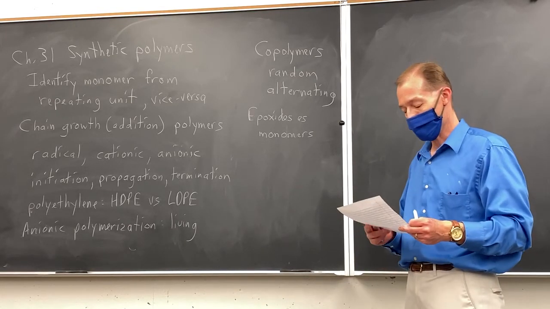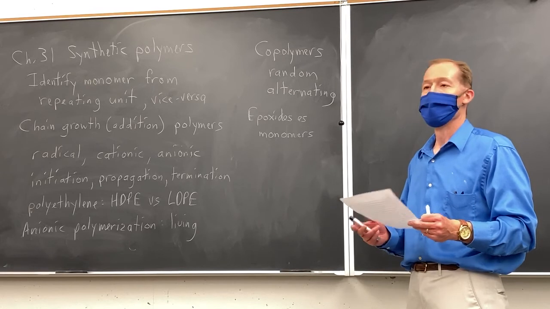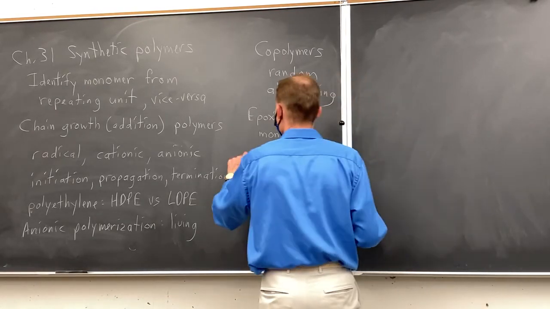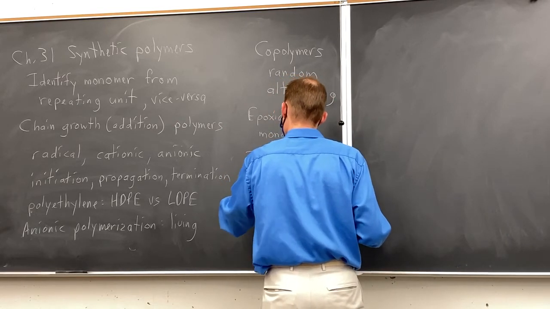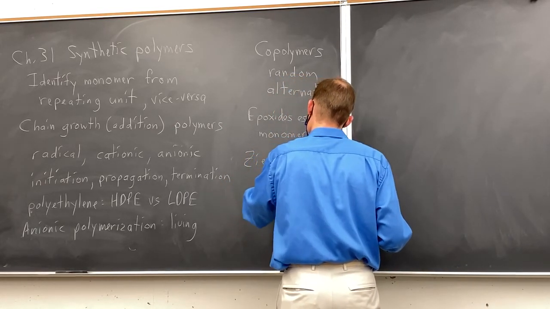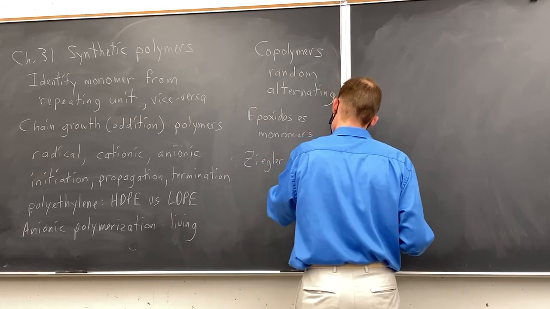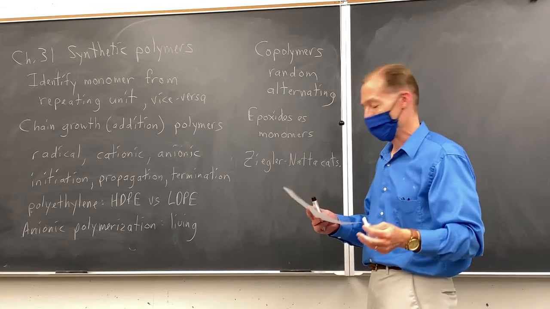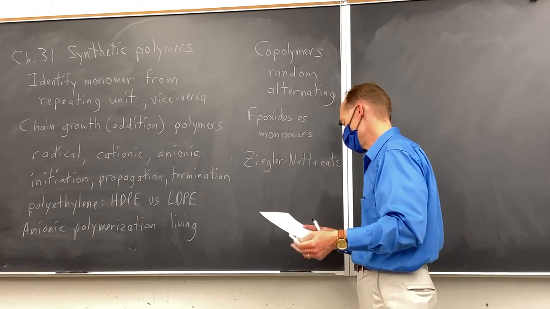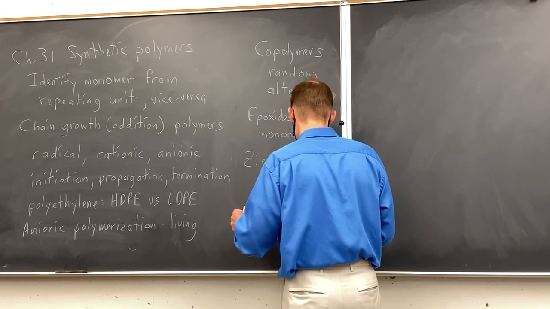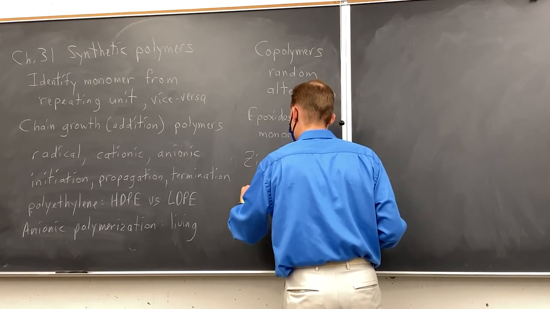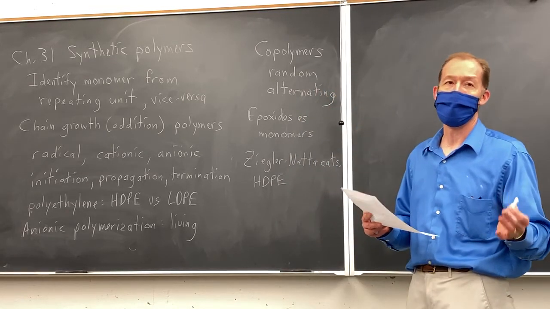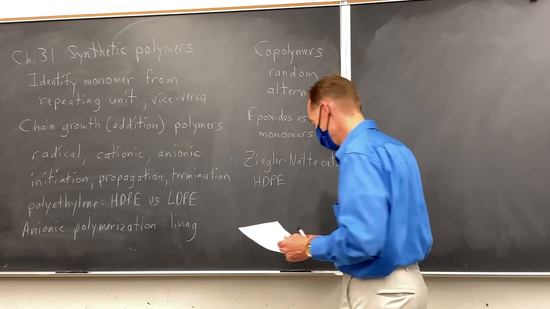So just outlining the topics we're going to cover on Monday in class that you'll see on the exam. We'll start off talking about Ziegler-Natta catalysts. So Ziegler-Natta catalysts are metal catalysts, transition metal catalysts that allow us to make HDPE. Okay, so that's how we make polyethylene without branches.